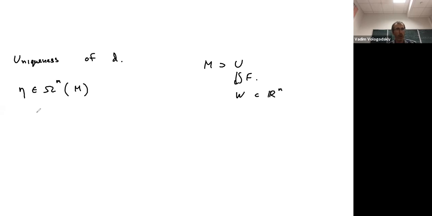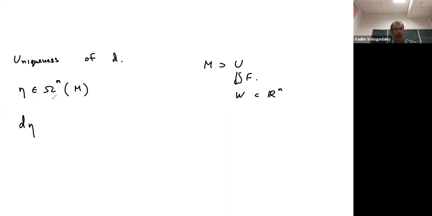In order to prove uniqueness, I'll just write for you a formula, which is a corollary of the axioms that must be satisfied, that characterizes D of eta uniquely.